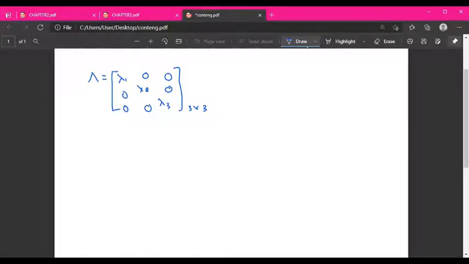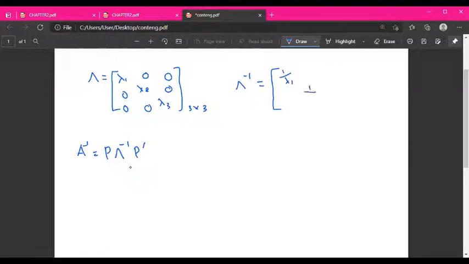Okay, so tadi untuk dapatkan A inverse, it will be matrix P, big lambda inverse, and P transpose. So this big lambda ni inverse adalah it just 1 over lambda 1.